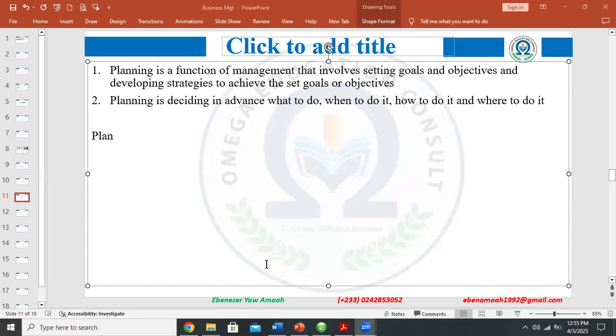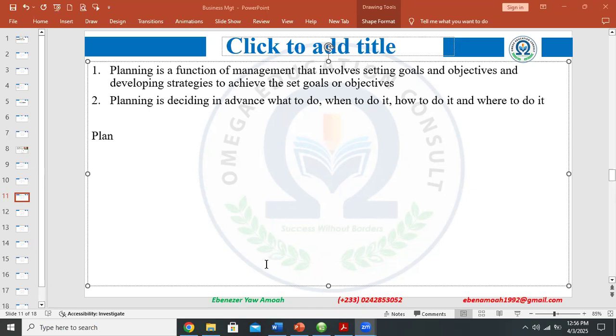Please. A plan is a detailed proposal for doing or achieving something. Okay. So, like she rightly put it, a plan is more or less like a detailed strategy as to how you would achieve a particular target. Okay. So the plan in itself is that strategy you have developed. So you see that there's a difference between planning and plan. So planning is the process of putting the plan in action, if I'm to put it in that context, right?